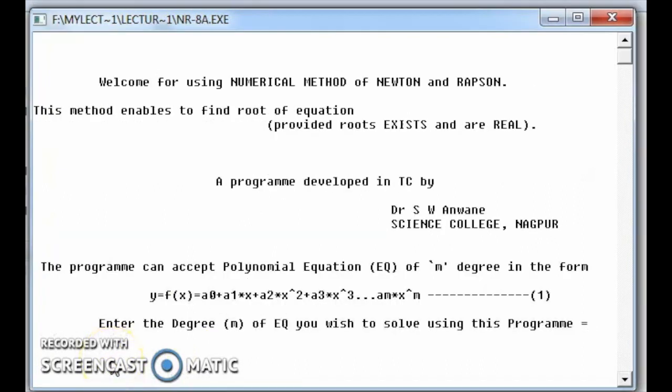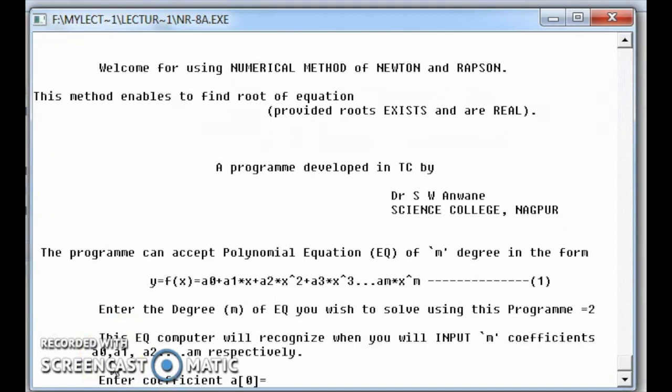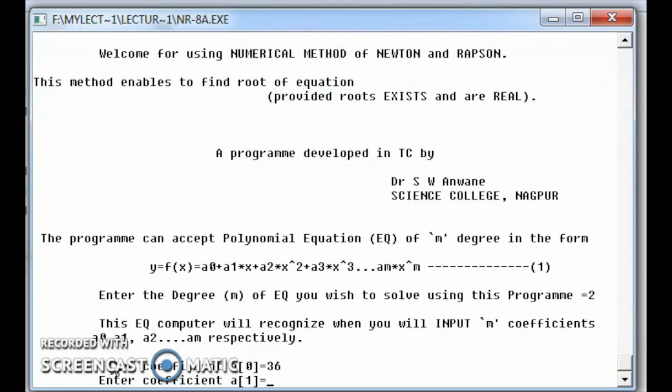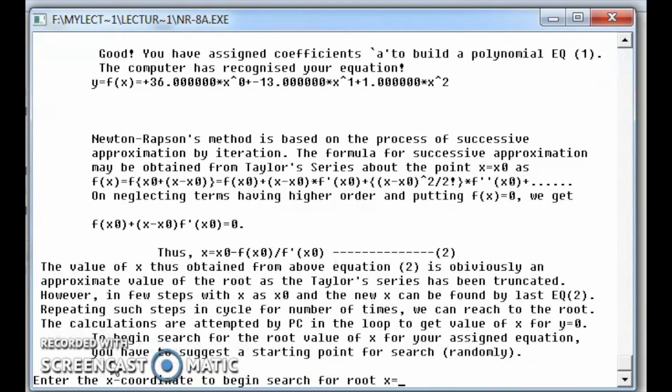Sorry. Now friends, I want to show you the most interesting part here that we encounter. A0 we have 36, A1 is minus 30 and A2 as 1. Now here we want to start at 6.5.